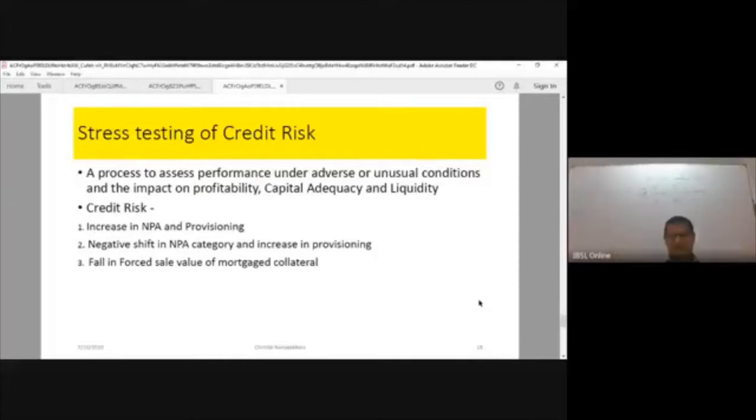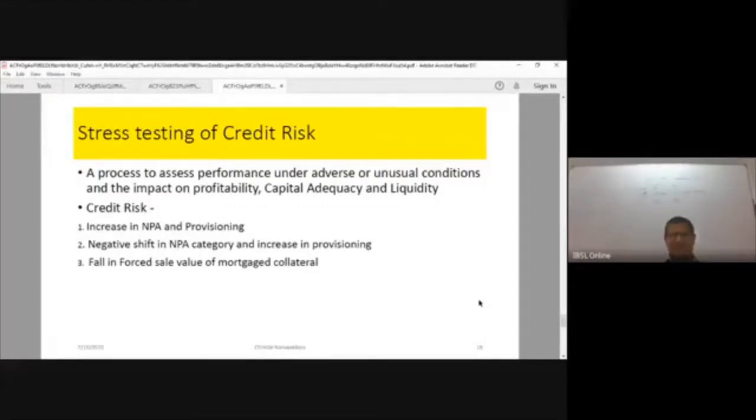As a result, price falls. If the price falls below 75% of the forced sale value of the original loan, then your mortgage collateral doesn't have the same value as the loan outstanding, or even has less than the loan outstanding. The moment it is less than the loan outstanding, the bank may need to do something.